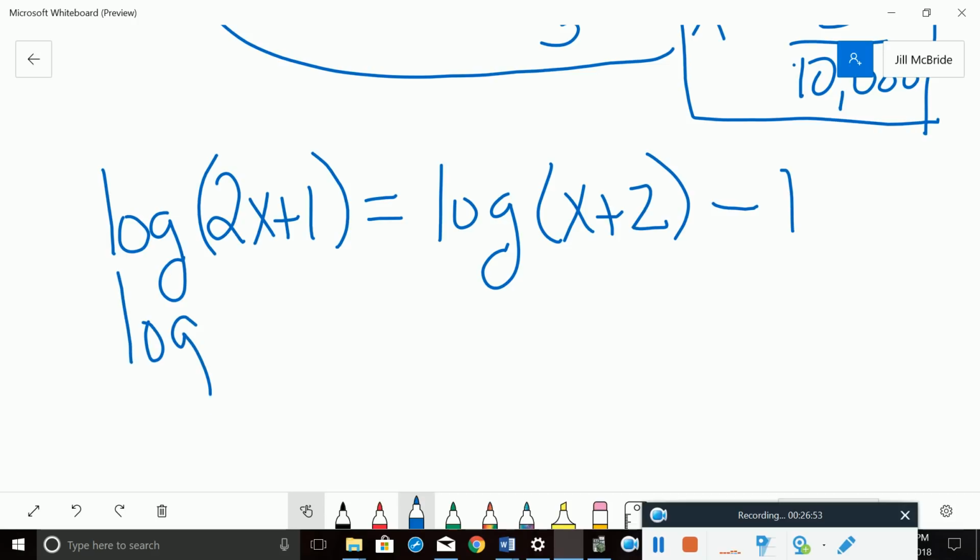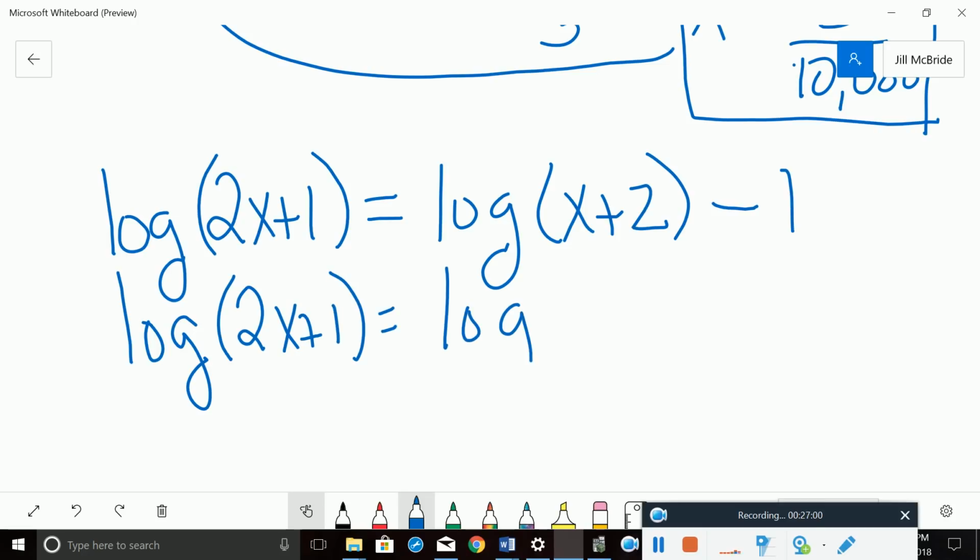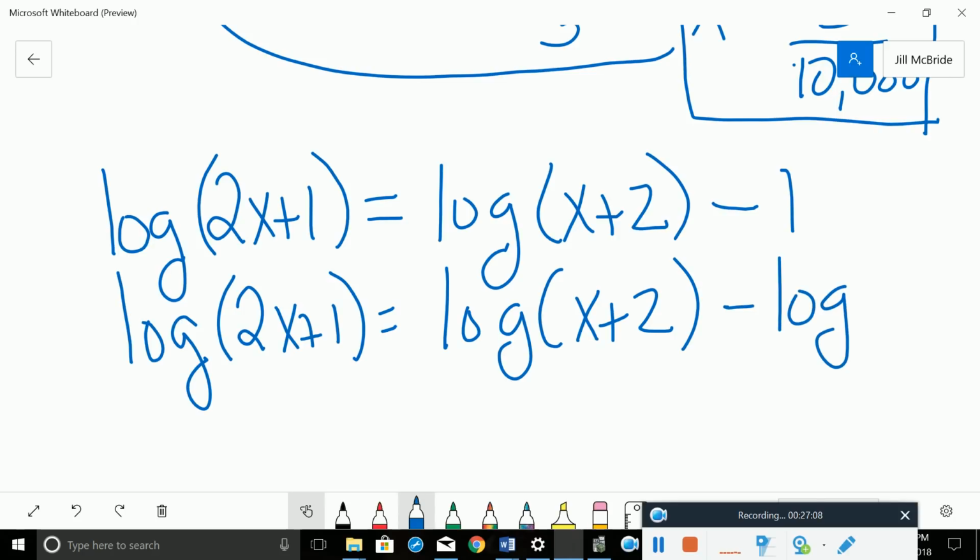One of the ways we looked at today is to replace 1. Now remember, our base is 10 here because it's not written. To replace 1 with log base 10 of 10.